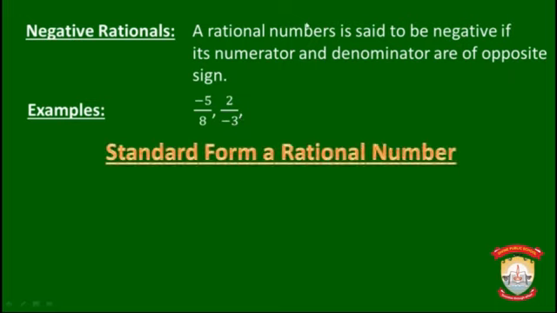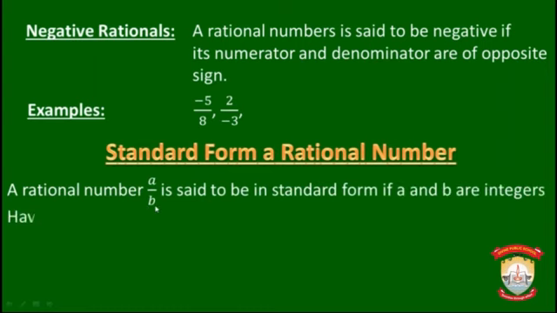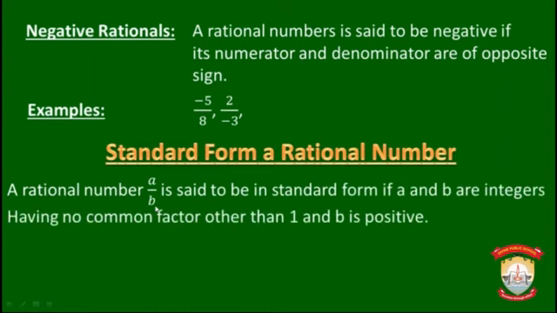Now we talk about the standard form of a rational number. A rational number a upon b is said to be in standard form if a and b are integers having no common factor other than 1 and b is positive. Here also we can see two conditions. First is that a and b are integers having no common factor.